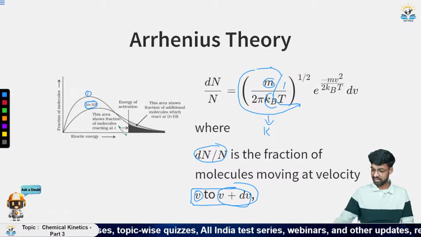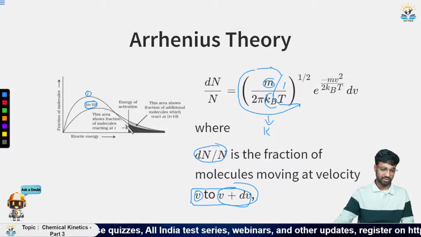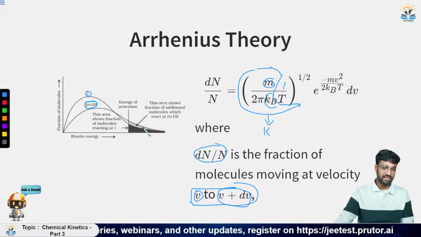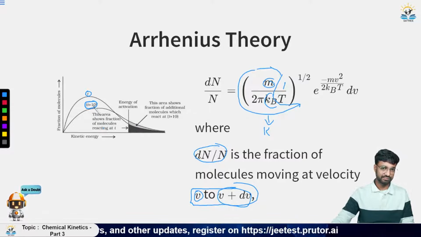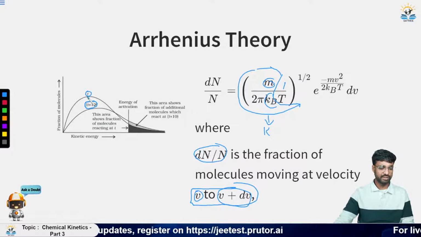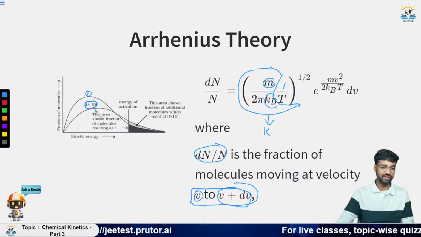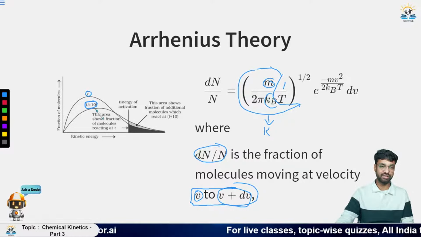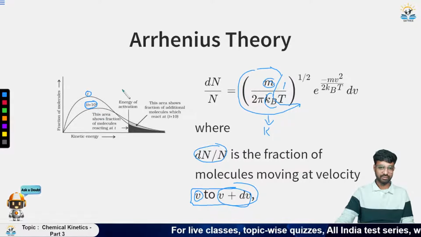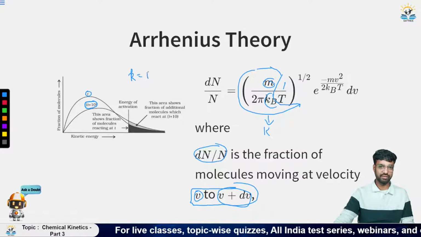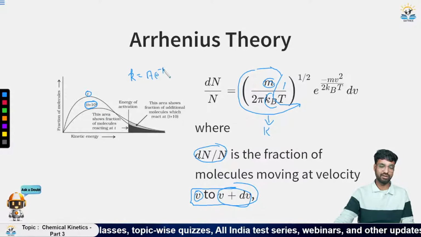Now if you look at this graph more specifically, what has been changed? First of all, the fraction of molecules having a particular energy has changed. It does not have any effect on this equation, that is k is equal to e to the power minus Ea by RT, or the rate equation.